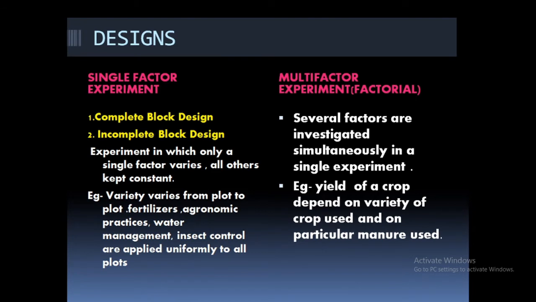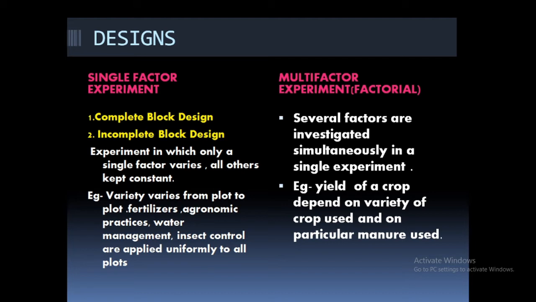Now, moving on to designs. What are the various designs? Experimental designs are broadly classified into two groups, single factor experiments and multi-factor experiments. Multi-factor experiments can also be called factorial.